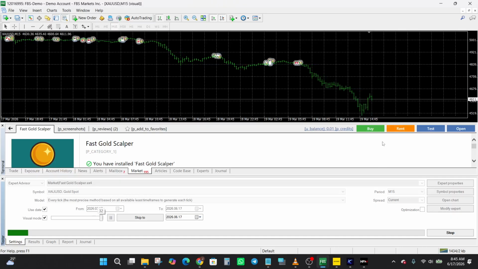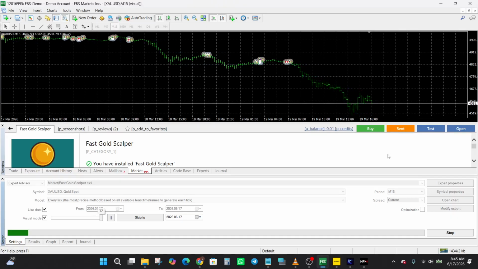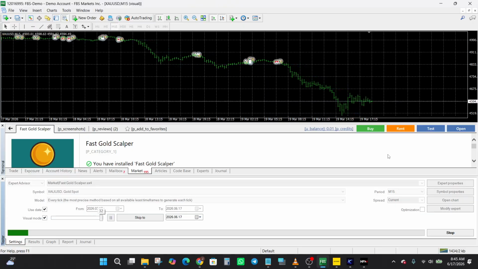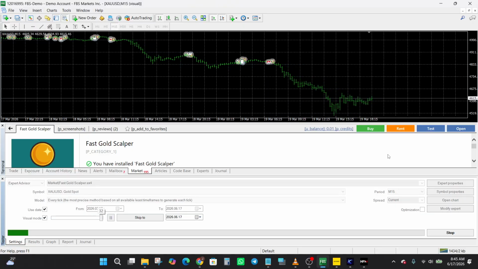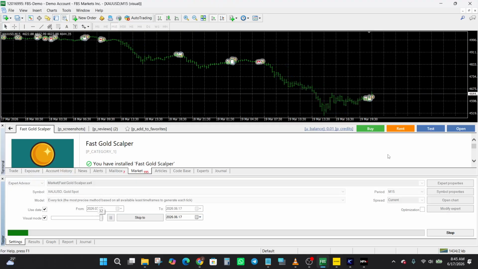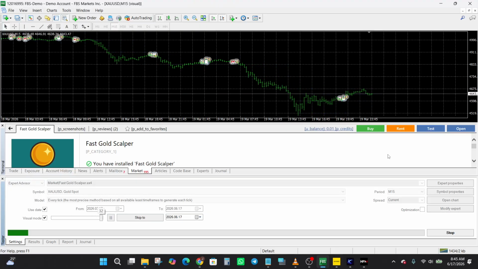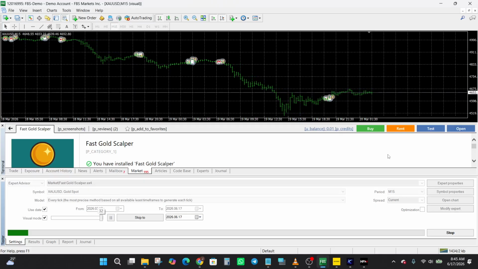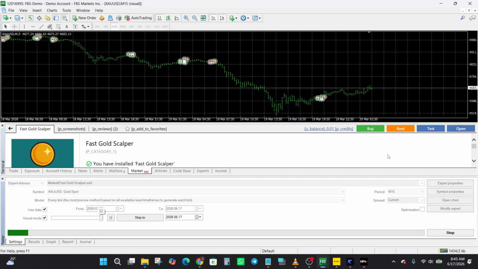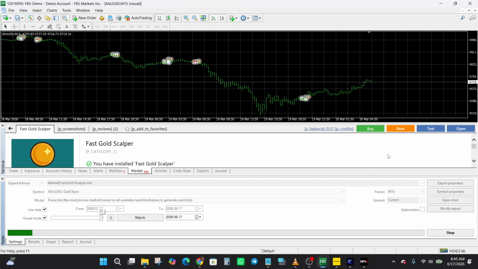Okay, so looking at the historical performance metrics, it is actually important to evaluate them in context. Results can vary significantly depending on risk settings, lot size configuration, broker execution quality, spreads, slippage, trading conditions, and any optimization performed by the user.